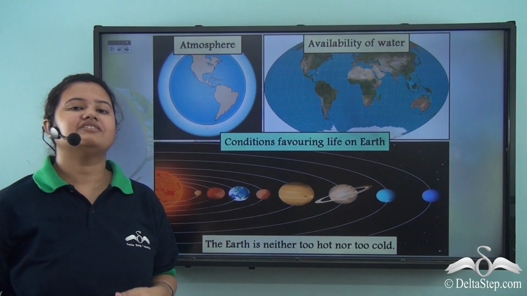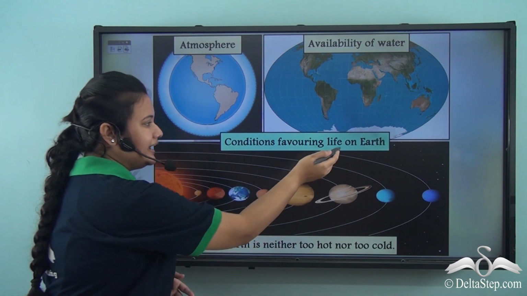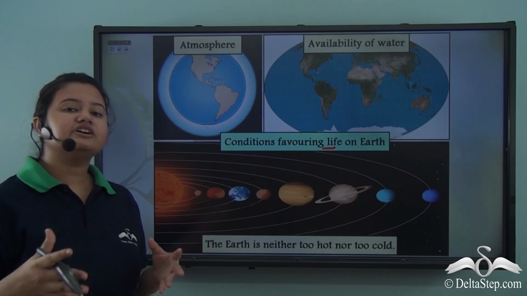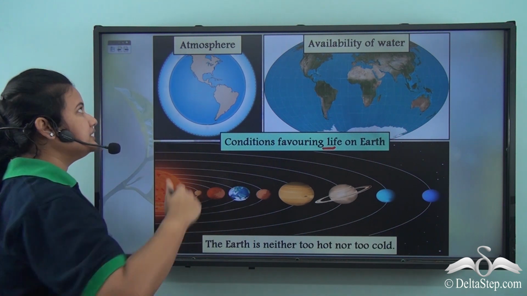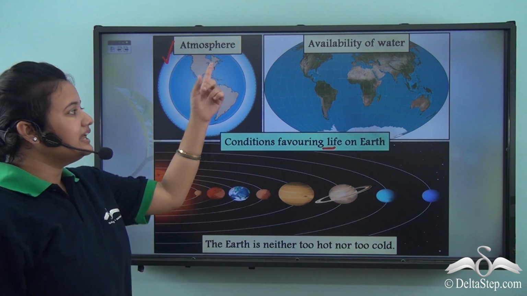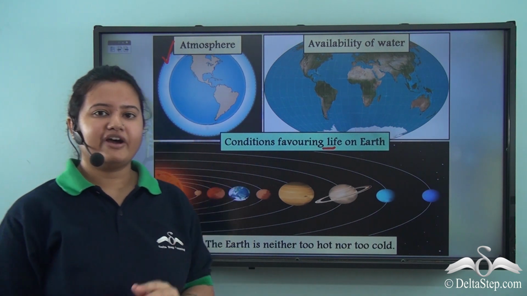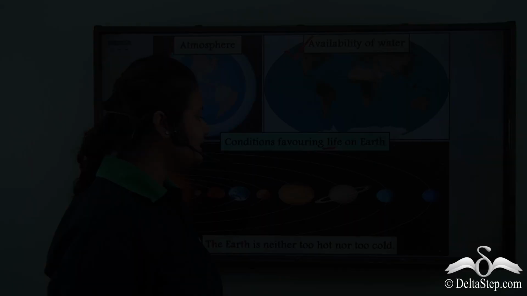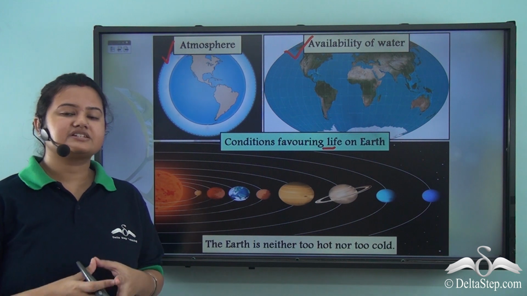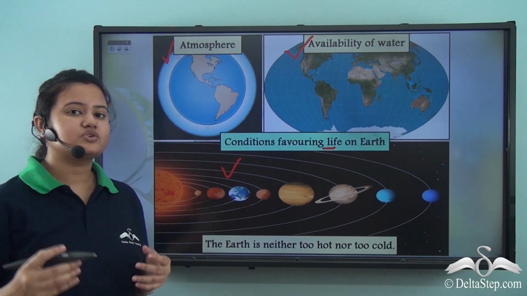Now here we have a summary slide on various conditions that favor life on Earth. The first factor that helps in sustenance of life on Earth is atmosphere, which is a layer of gases surrounding our planet. The second factor is wide availability of water on our planet. The last factor that we discussed is that the Earth is at the right position in the solar system.